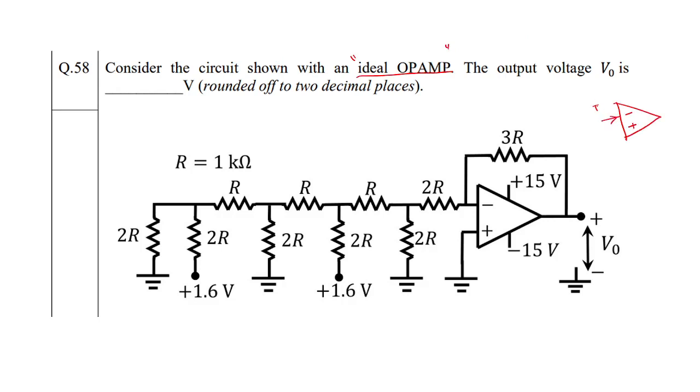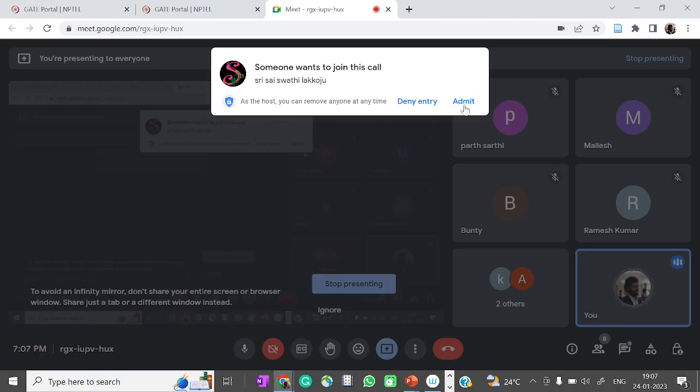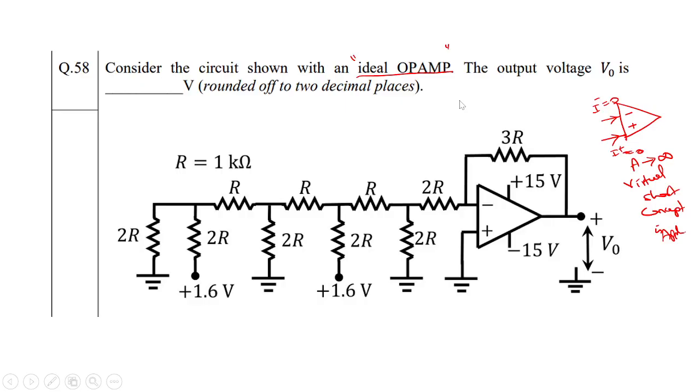The input currents are zero and gain is infinity, so the virtual short concept is applicable, right? And of course there is infinite bandwidth and all those things. Infinite differential gain and zero common mode gain. All those stories are there. Anybody got the answer? What is the V naught?